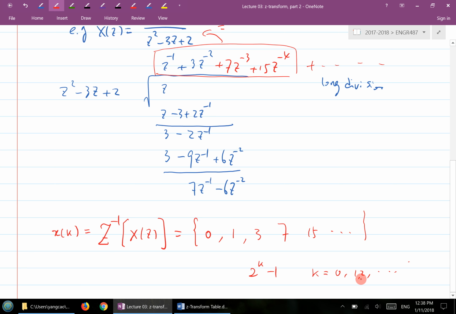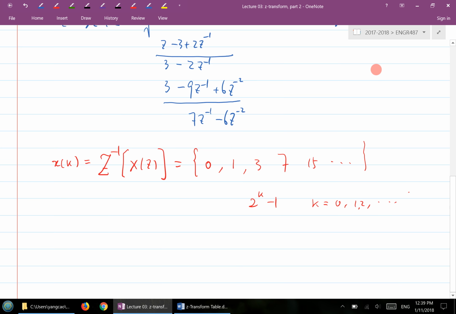But often you probably can't see from the sequence of numbers to this single expression, and that's fine. That's one method: you get your sequence of numbers using this long division method.